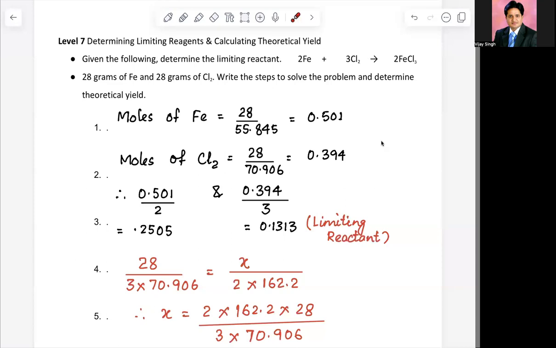the theoretical yield. We are trying to find how much FeCl3 is formed. So 28 grams of chlorine divided by 3, the coefficient, multiplied by 70.906, equals X, which we don't know, divided by 2, multiplied by 162.2, the molar mass of FeCl3.